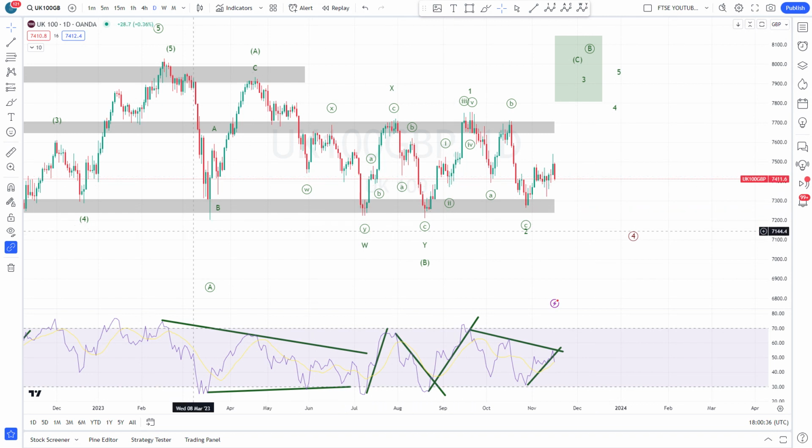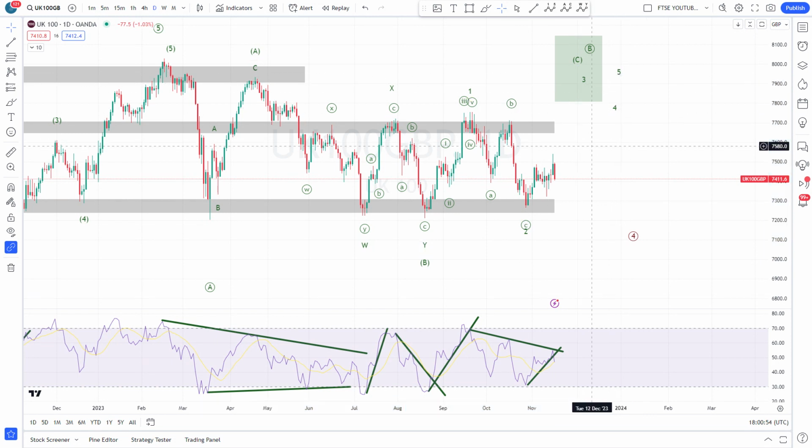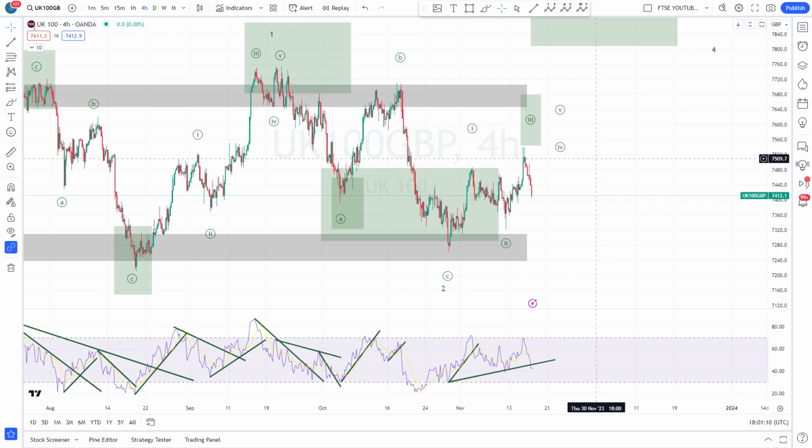So then this was the wave A up, the wave B down, and so now we are having a wave C up, this being the first wave, then a wave 2 down right here, and then from here we should get a 3, a 4, and a 5. But okay, like I said, really difficult interpretation because this is just sideways price action, and actually a lot of scenarios are possible, or a lot of Elliott wave counts are possible. So let's move on to the lower time frame.